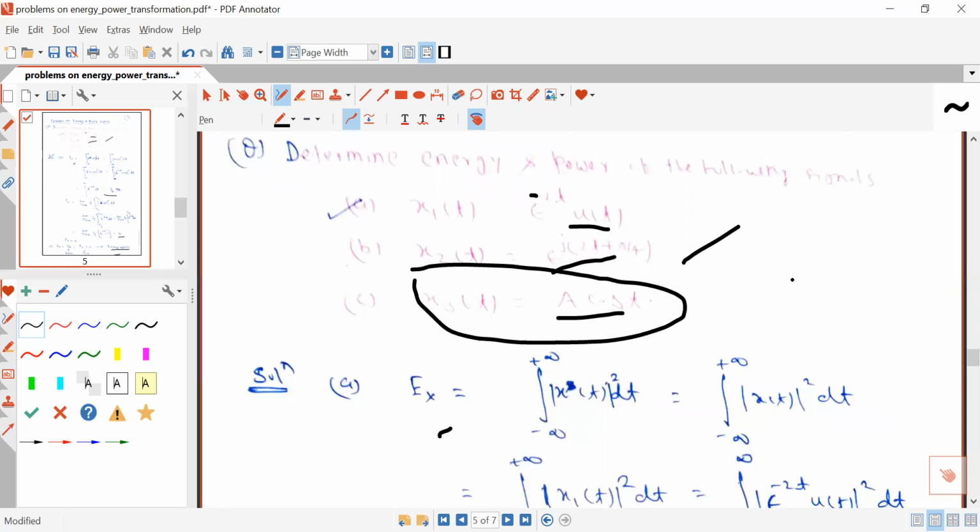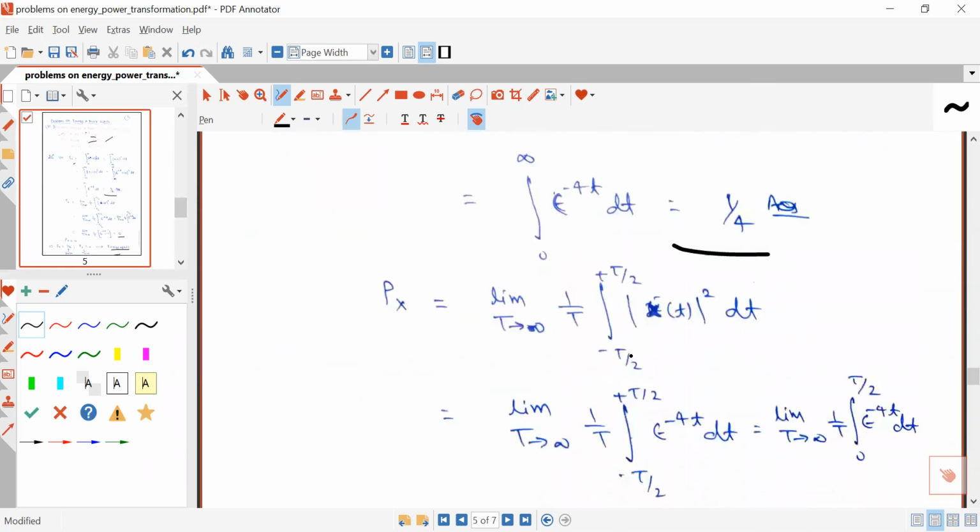So all periodic signals will obviously be power signals. Directly you can say that if the signal is periodic, then it will be a power signal, and it cannot be an energy signal.